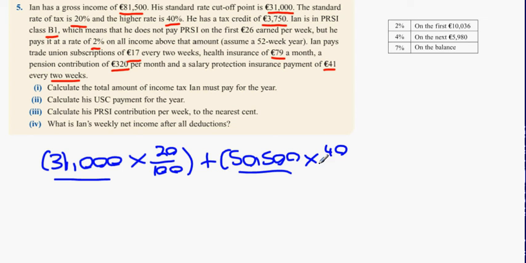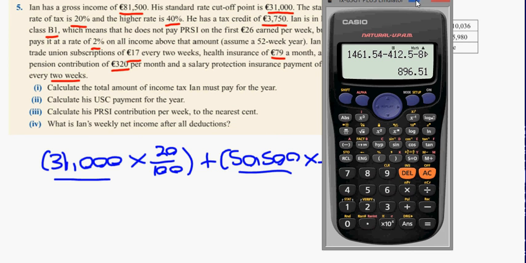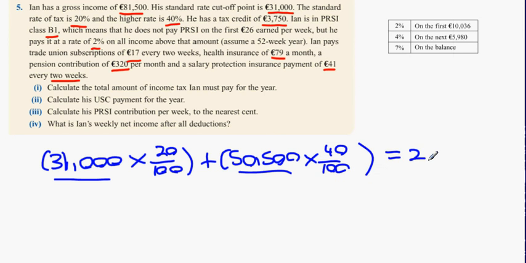And this gives us his gross tax. So gross tax is 31,000 multiplied by 0.2 plus 50,500 multiplied by 0.4. And what we get here is 26,400.